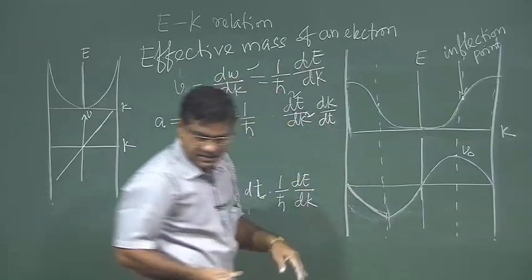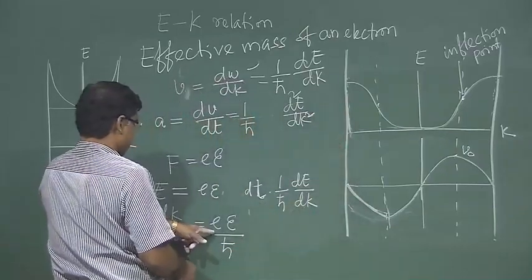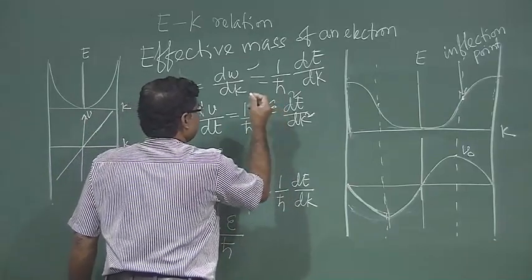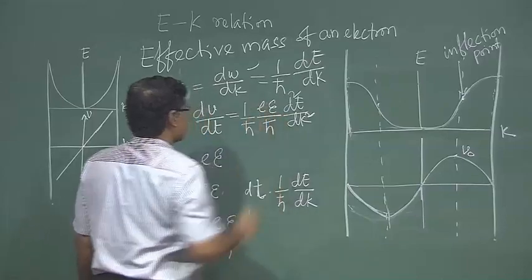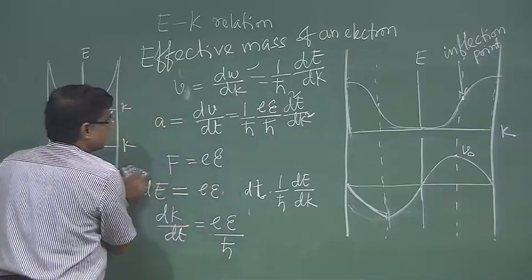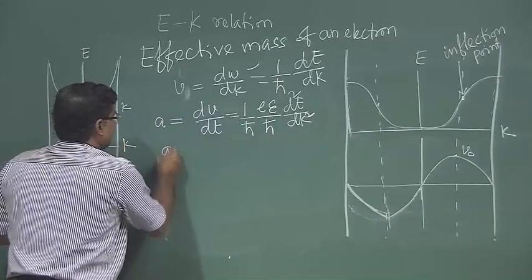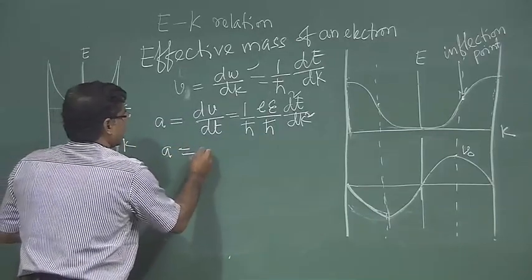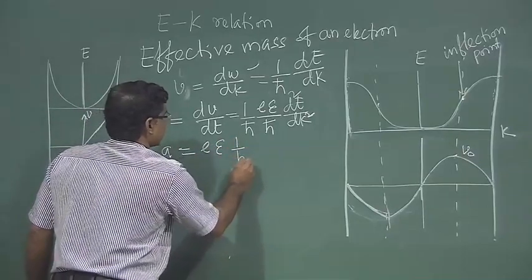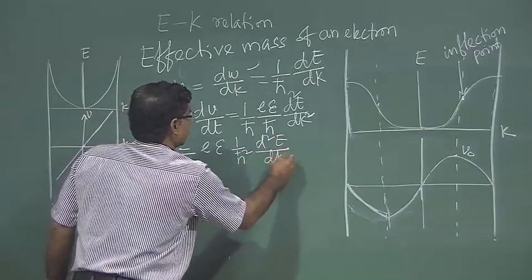So, now I can replace this dk by dt by this term, epsilon E electric field divided by h cross, right. So, we are getting acceleration, A equal to E this, now 1 by h cross square d2E by dk square. Okay.